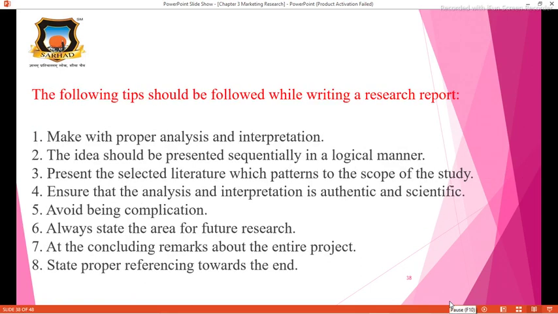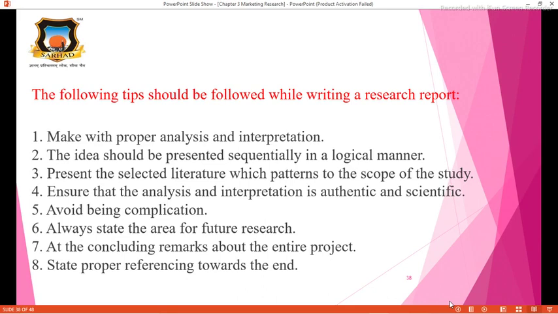Here are some other tips that should be followed while writing a research report. With a proper analysis and interpretation, the ideas should be presented sequentially in a logical manner. Present the selected literature which pertains to the scope of the study.